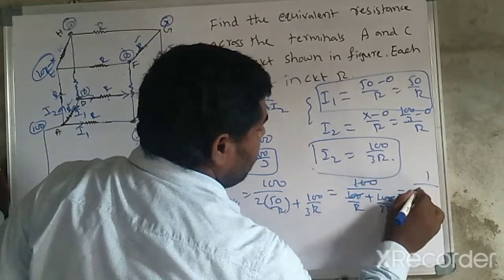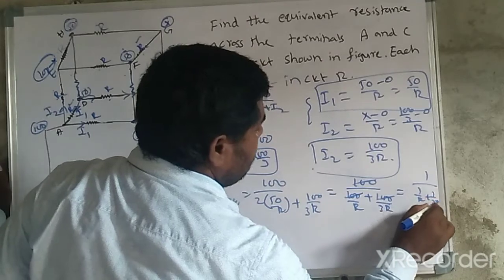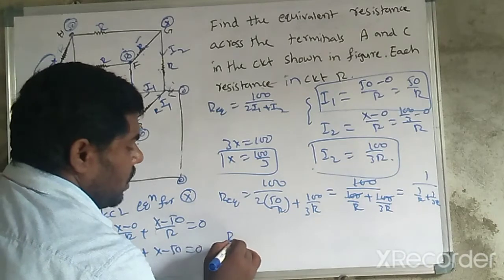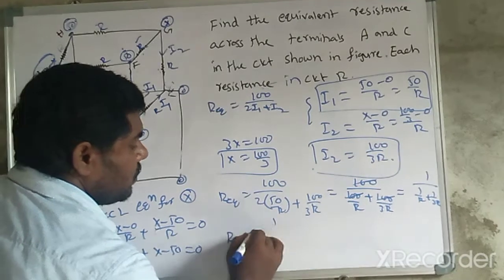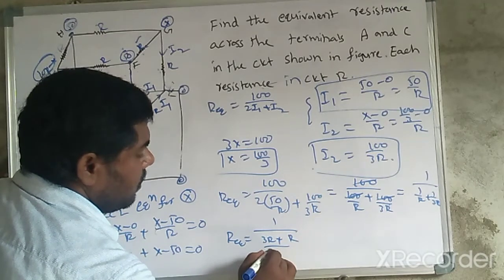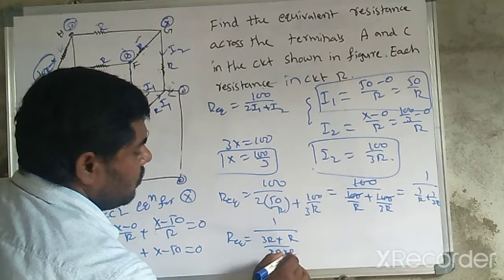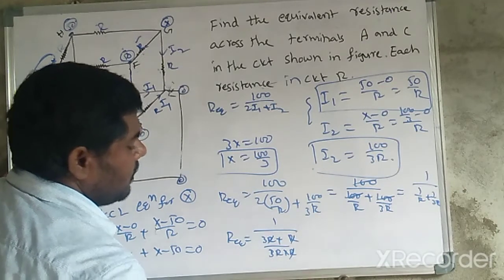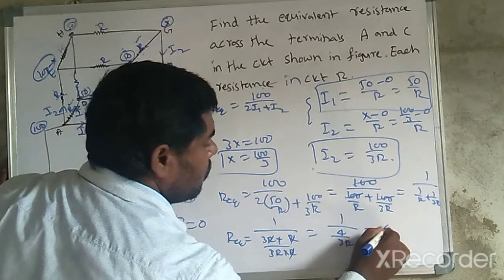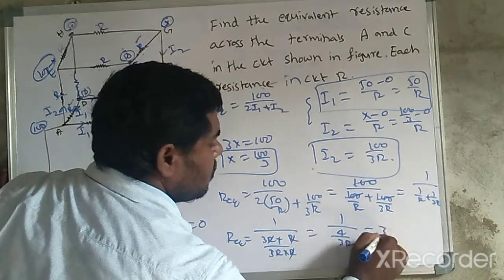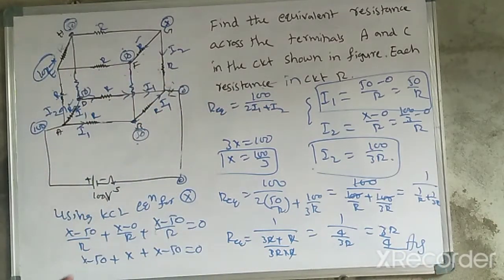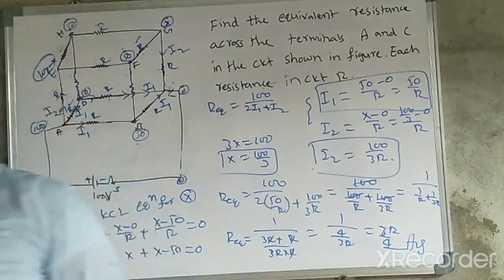So 1 divided by (1/r + 1/(3r)). Take the LCM: R equivalent is 1 divided by (3r + r)/(3r·r). Take r common and cancel. Finally, 1 divided by 4/(3r), so R equivalent is 3r/4. This is the answer to the question. You may go for any one of the rules.